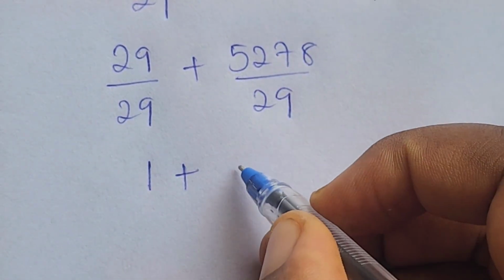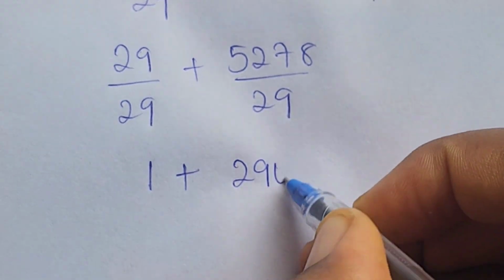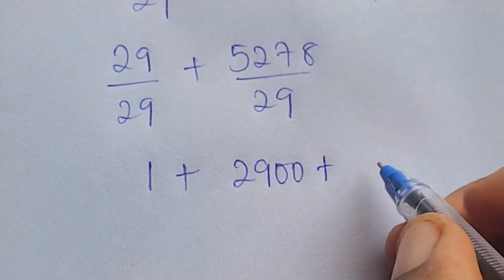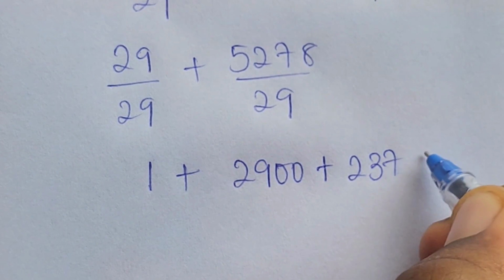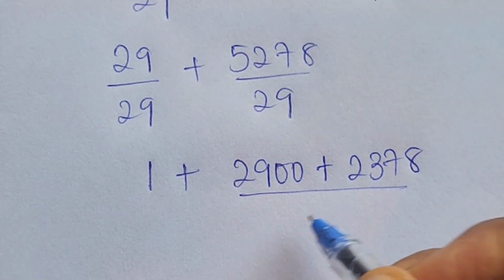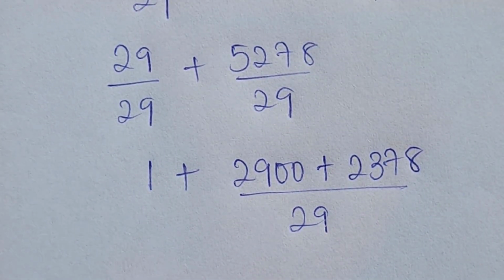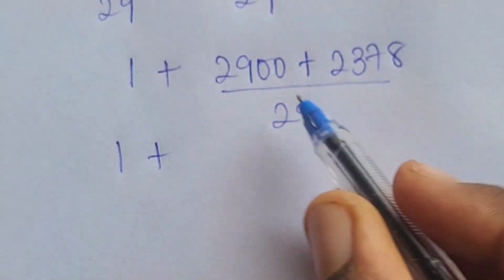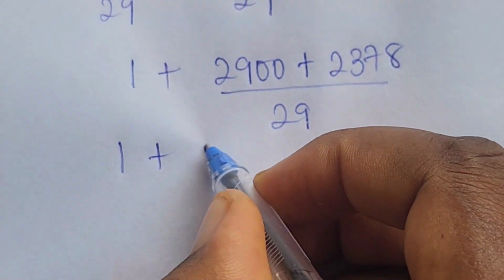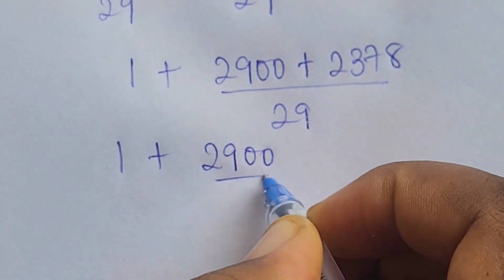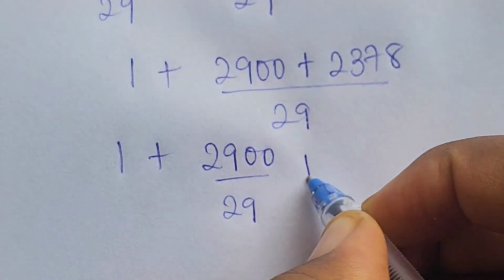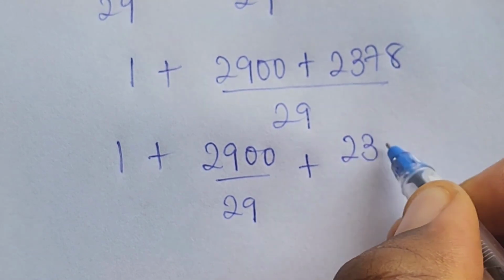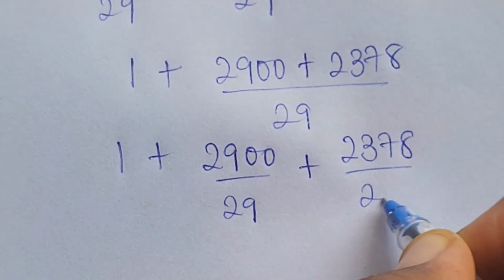We can split it to have 2,900 plus 2,378 all over 29. So we have 1 plus, we can split this since it still has a common denominator, 2,900 over 29 plus we have 2,378 over 29.